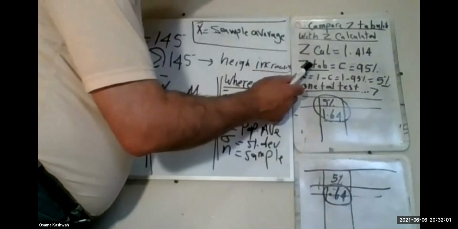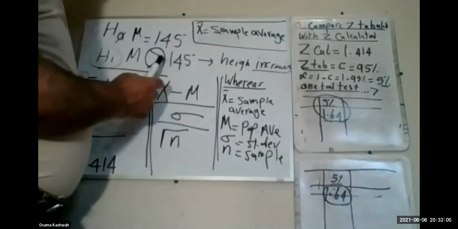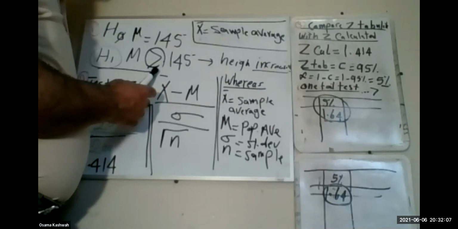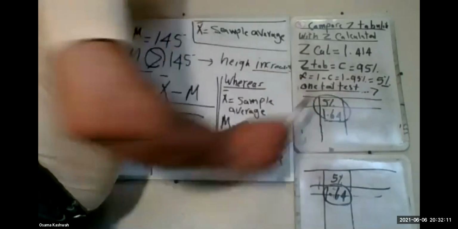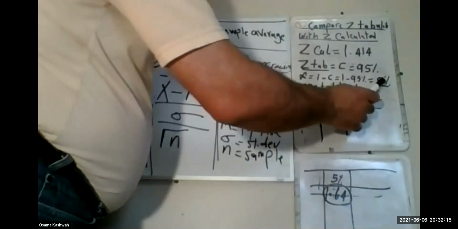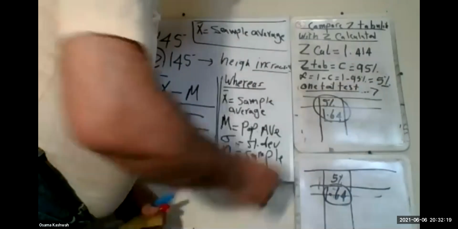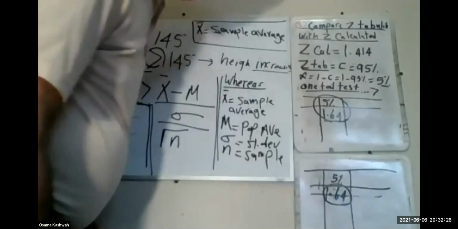Let me stop sharing and I will repeat it back. I know I'm working with a one tail test because of this sign, greater or less than. The degree of confidence is 95%, which means alpha is 5%. Then with alpha 5% and a one tail test, when I go to the table, I will find this number, 1.64.